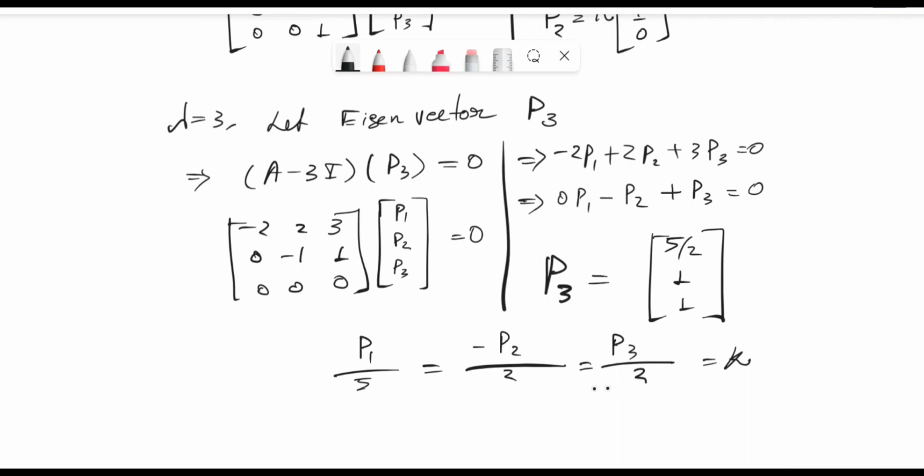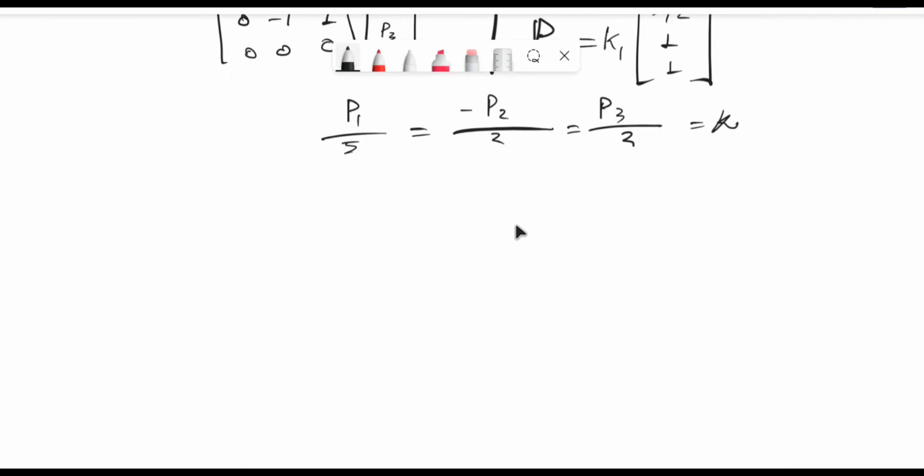So when we take 2k common and write it as 2k as k1, we will have 5 by 2, 1 and 1. Okay, so now we have the eigenvectors as well as the diagonal matrix. The diagonal matrix is 1 0 0, 0 2 0, 0 0 3.